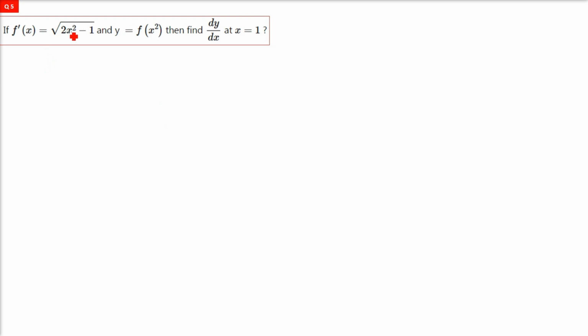Next is f dash x is under root 2x square minus 1. Y is equal to f x square. Then dy by dx at x equals 1. So y is equal to f x square, dy by dx is what? f dash x square, and differentiation of x square will be 2x.